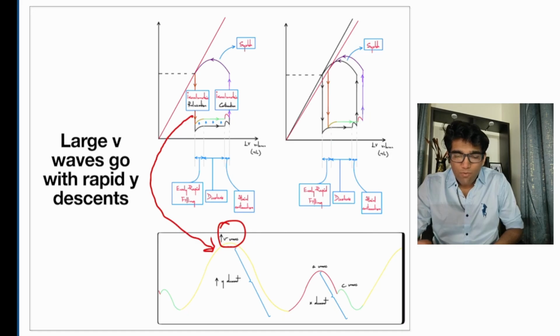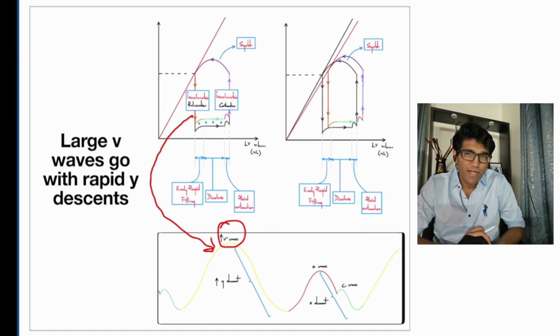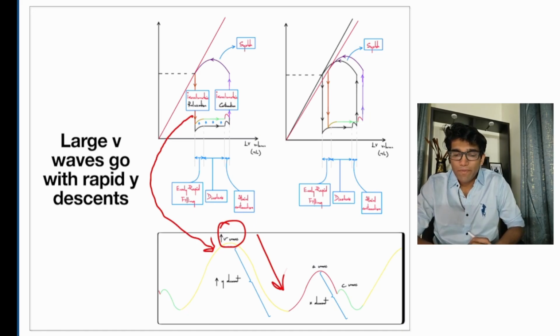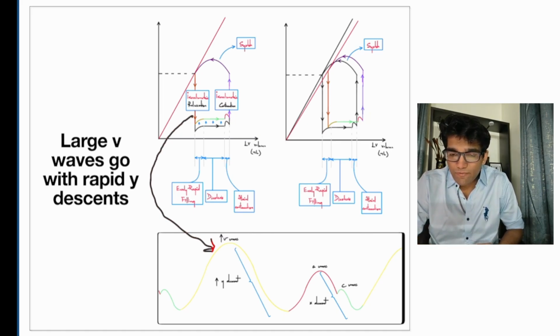Then, as the atrioventricular valve, that is the tricuspid valve, opens, this high pressure in the right atrium pushes blood rapidly into the right ventricle, resulting in sudden decompression of the right atrium, resulting in a rapid fall here. That is what we call a large V wave with rapid Y descent. And as you can see, the A wave essentially is normal. The same thing happens when there is right ventricular failure also.